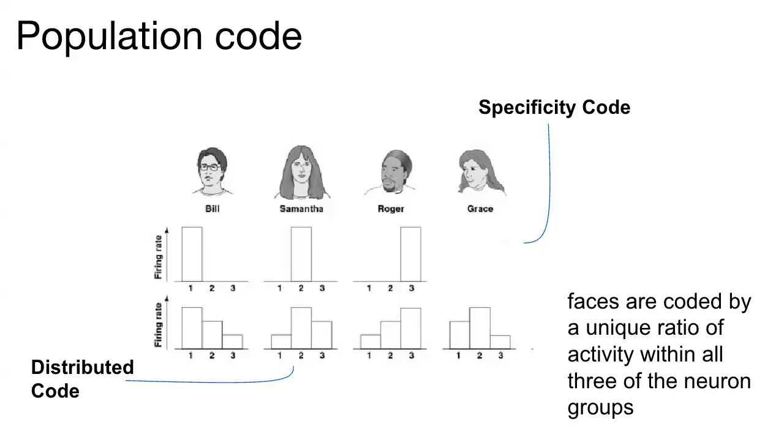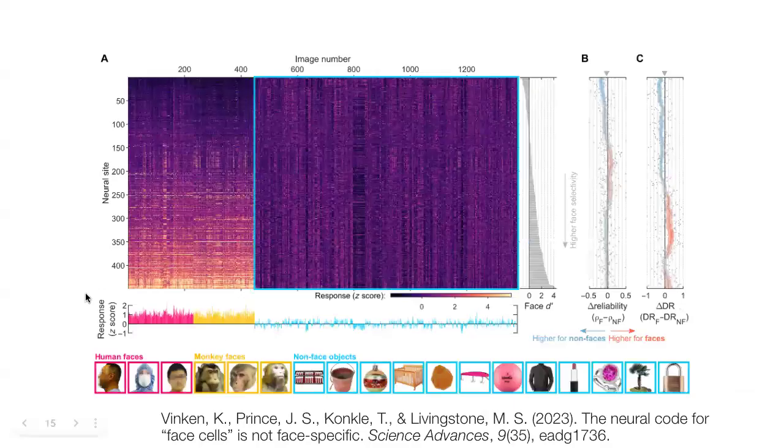This is like an overall rule for all perception. Yeah, right. So everything in the brain would have to be. For example, I'm showing the response. Each column here is one image the monkey is looking at.